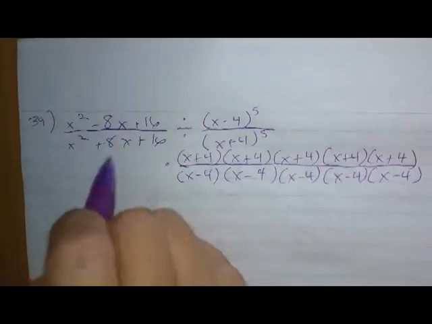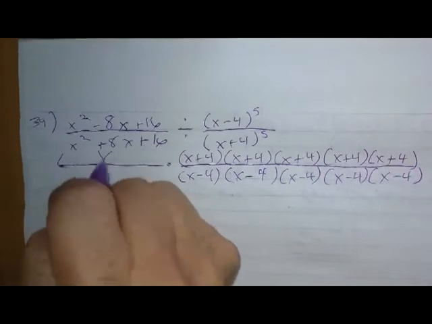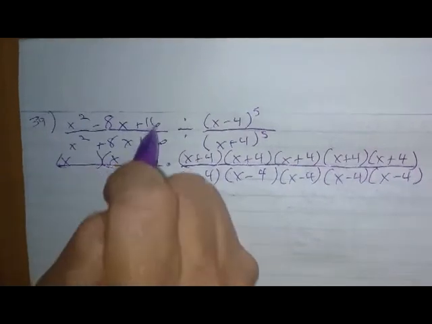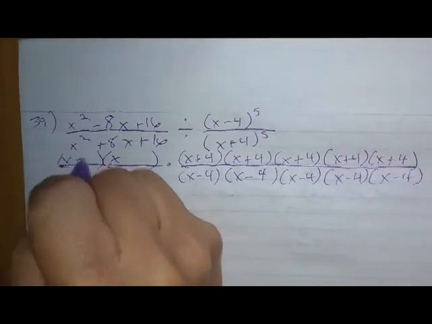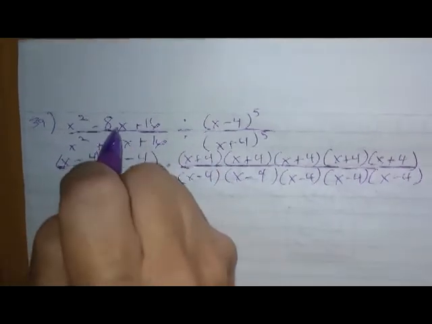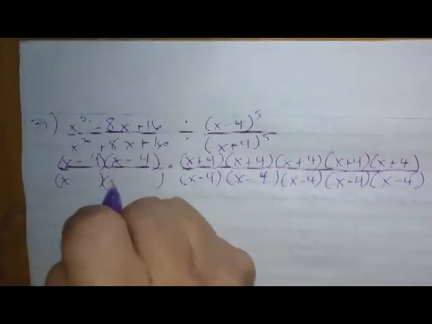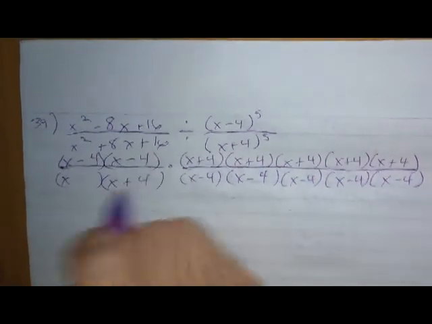Let's see. This fraction stays the same, but it's factorable. On the top, x and x, we need a positive 16, minus 4 and minus 4. That'll give us a negative 8 in the middle. On the bottom, x and x, plus 4 and plus 4.